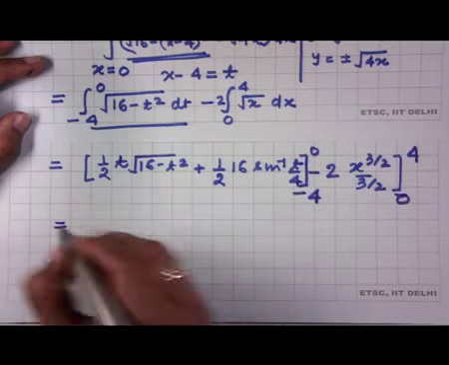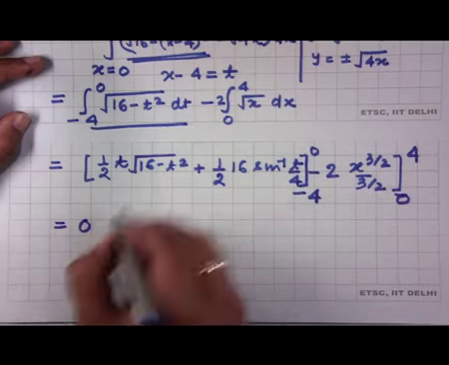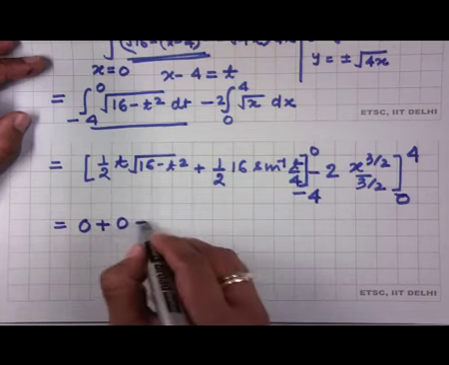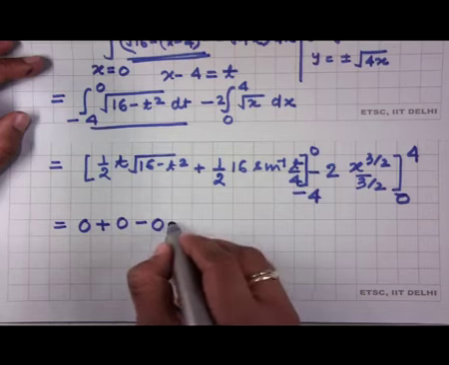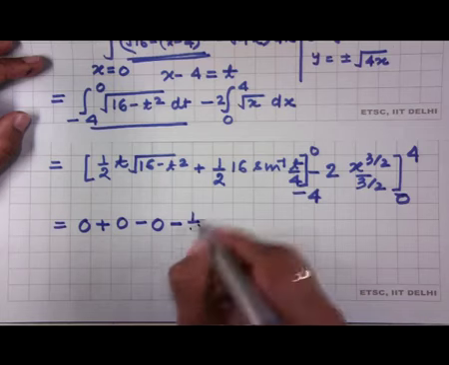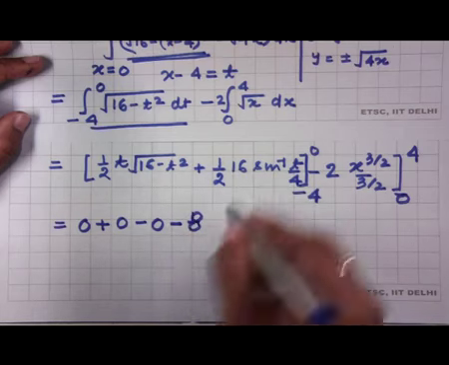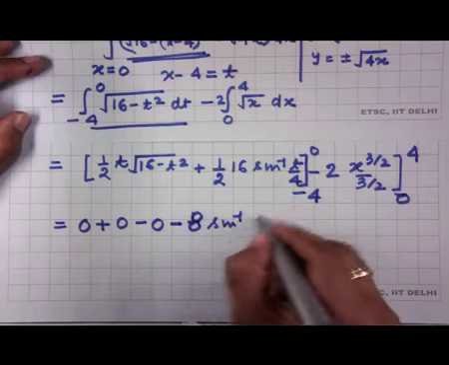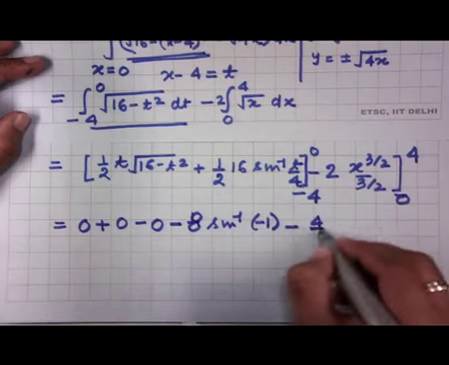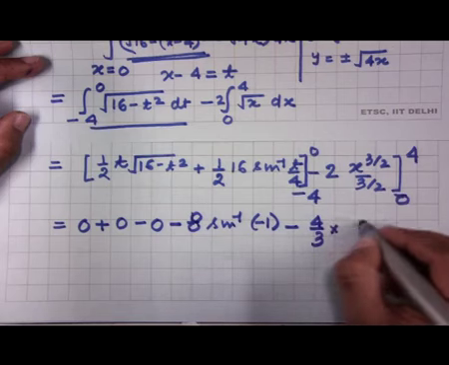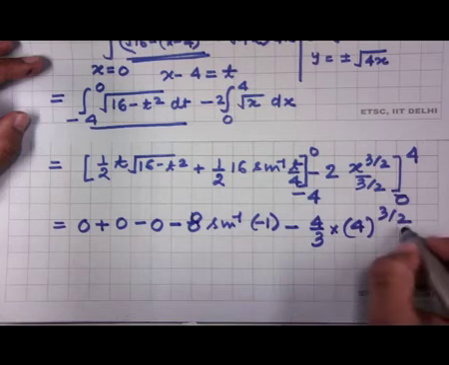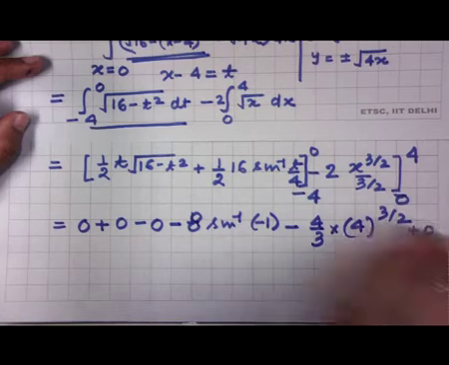So, you get 0 here, then 0, then at minus 4 again it is 0, then minus 1 by 2 into 16 is 8, sine inverse of minus 1, minus 4 by 3 into 4 to the power 3 by 2, the minus sign is also plus 0.